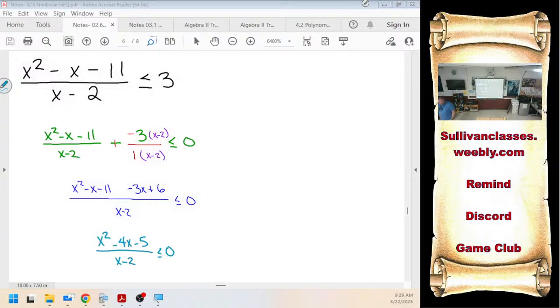First, make sure that you got your words. Words are hard. Make sure that you moved 3 over and got common denominators and combined correctly.